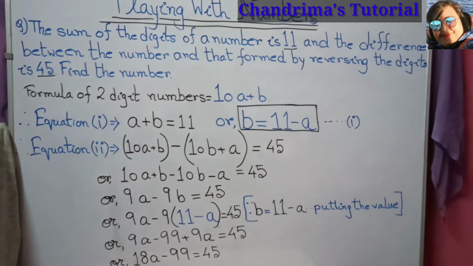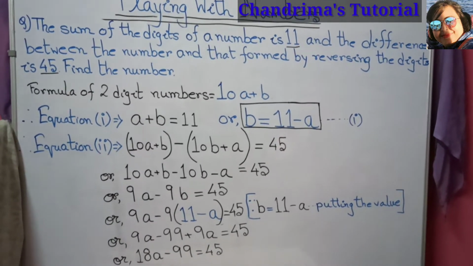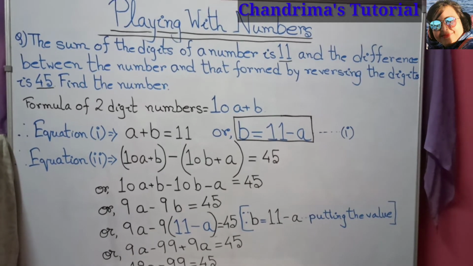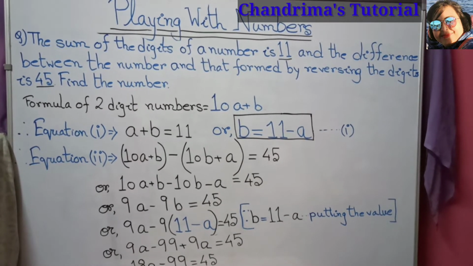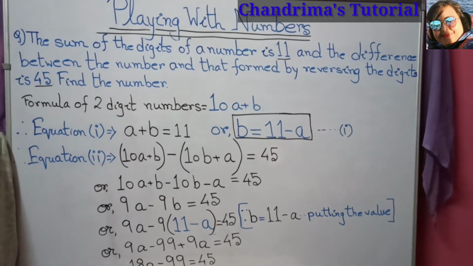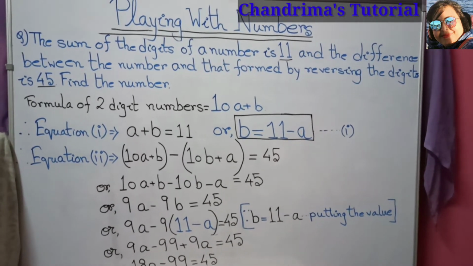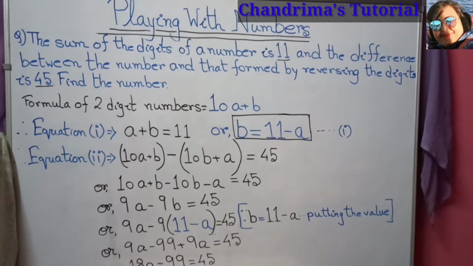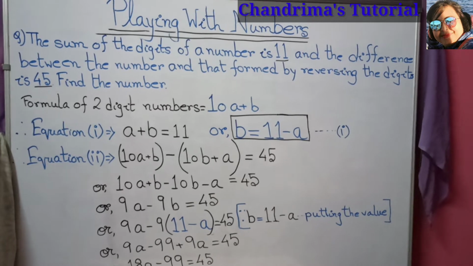Okay. Now we will formulate equations as per what we get from the question. Read the first line: the sum of the digits of a number is 11. So now form the first equation. Equation number 1: a plus b, since it is the sum of the digits, not the number.